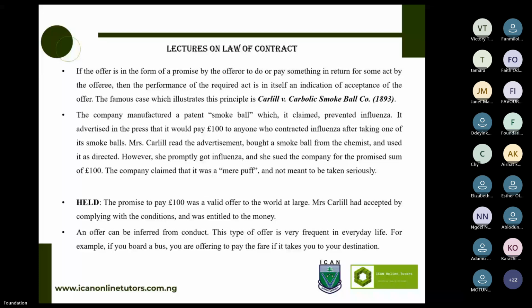So now the company is saying that it was a mere puff, right? And that it's not meant to be taken seriously. Definitely, Mrs. Carlill will win in this case.